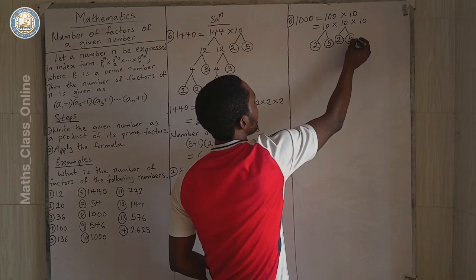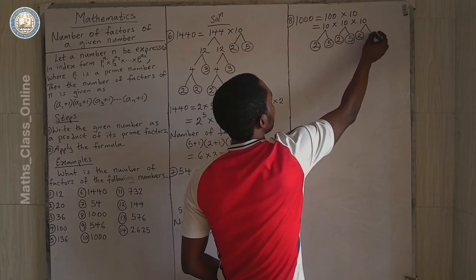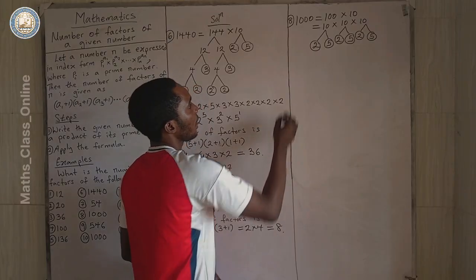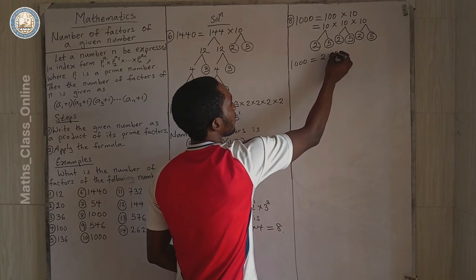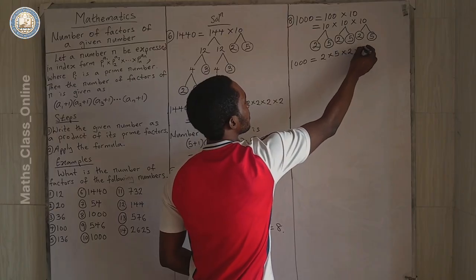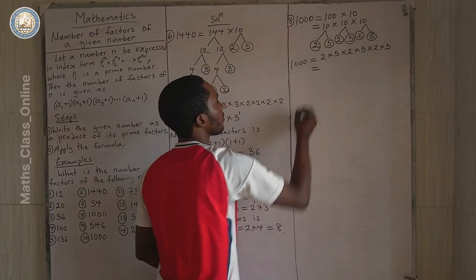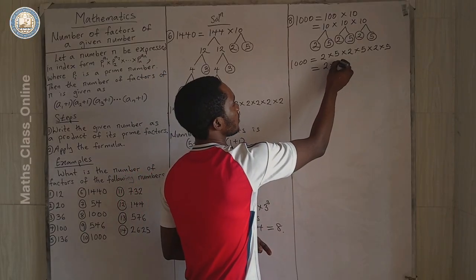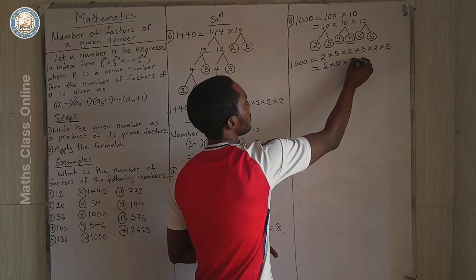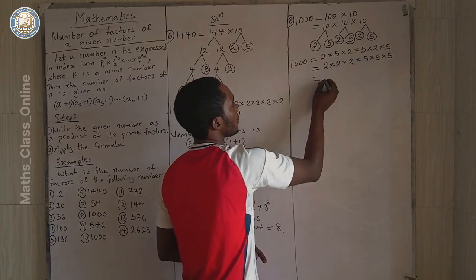So that means 1000 is equals to 2 times 5 times 2 times 5 times 2 times 5. Let's rearrange: 2 times 2 times 2 times 5 times 5 times 5.